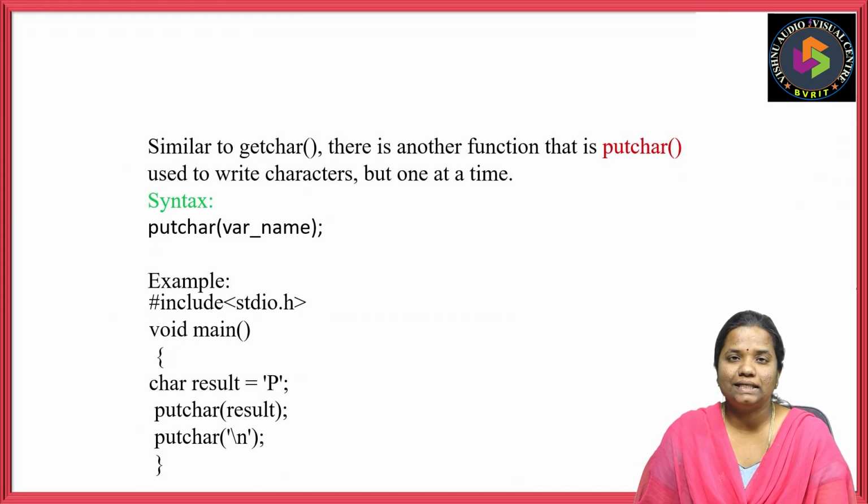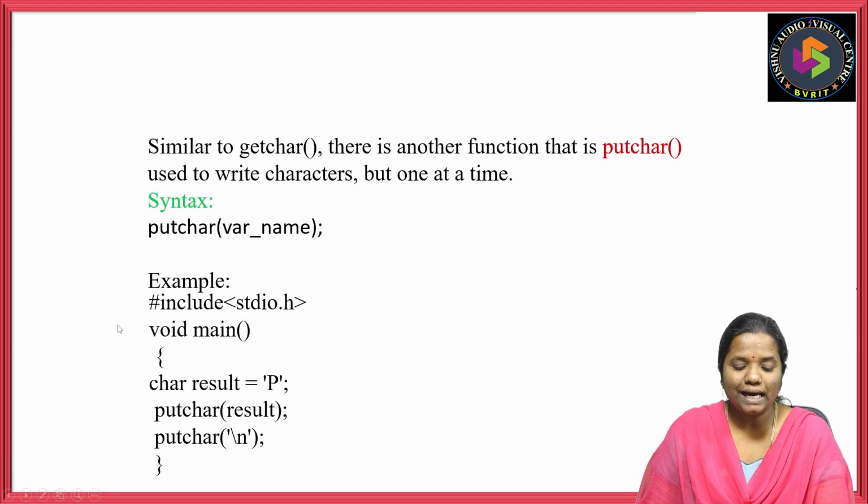If you observe the syntax, similar to getchar, here also we use putchar of variable name. The character we read from the input device will be available in the variable name. That is the reason, to print that character on the screen, we are taking the support of putchar.